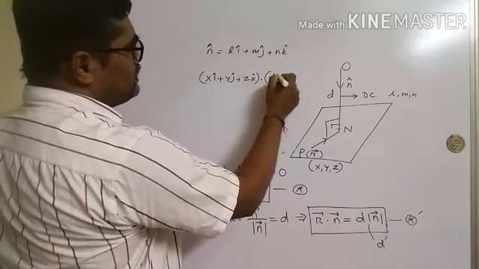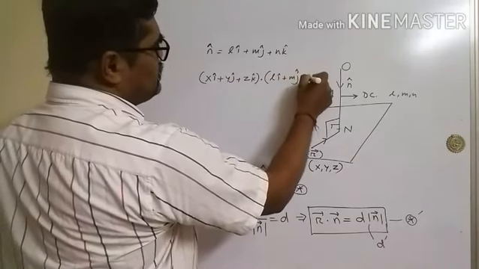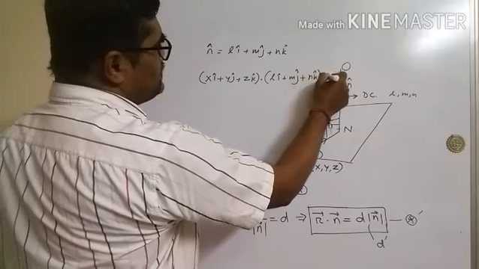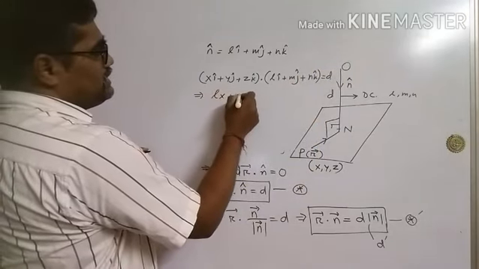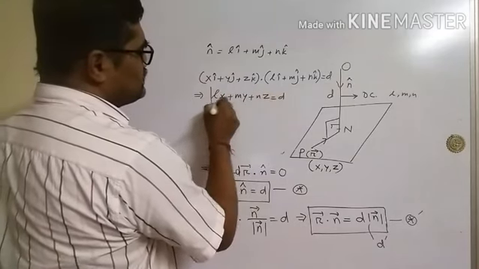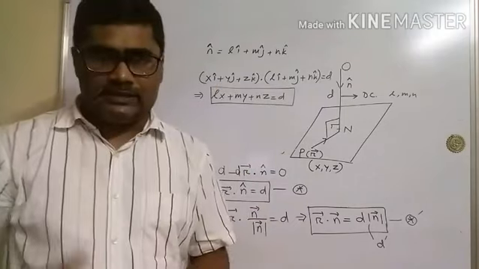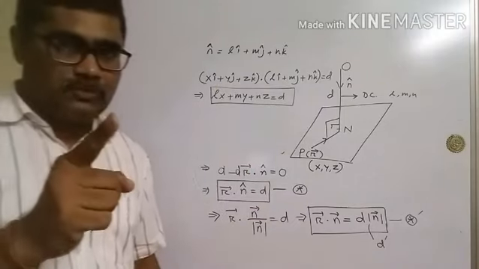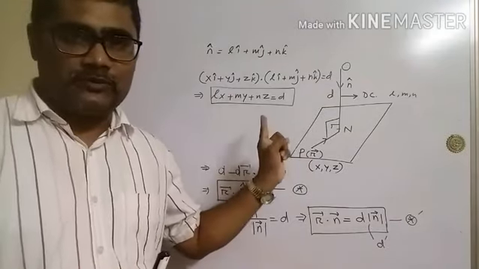Dot product, already I have given you this, and the right hand side is d, there is nothing to be done, and this will ultimately lead you to this particular equation, lx plus my plus nz equal to d. That's the equation of the plane in the normal form, right?